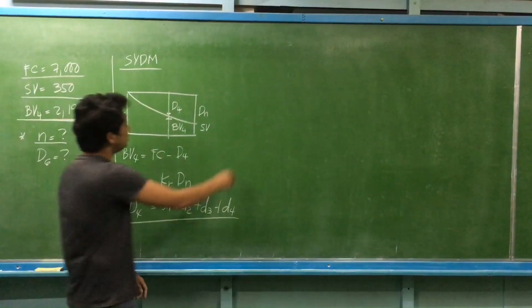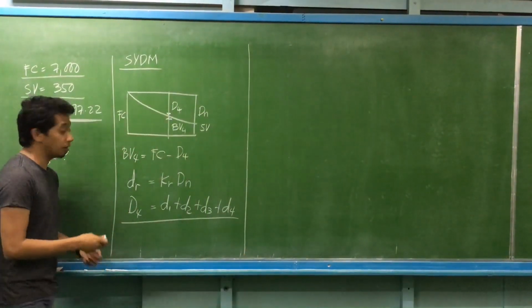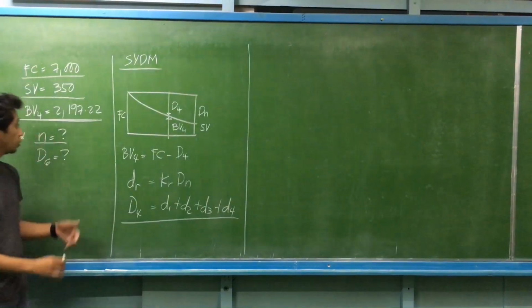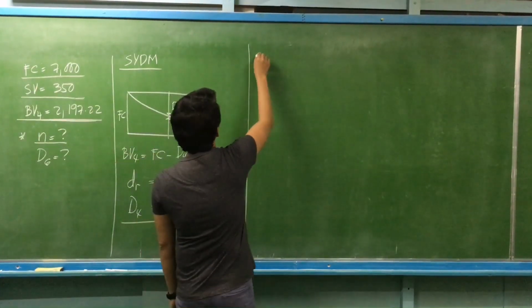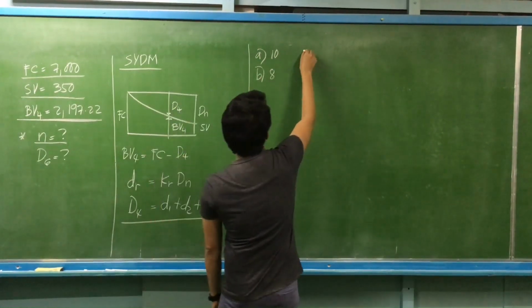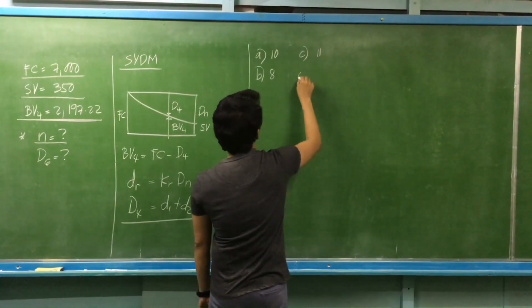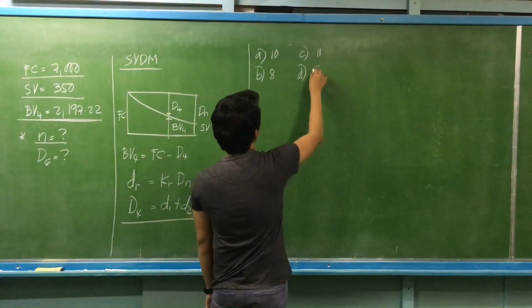So, in other way, hindi rin naman natin magamit directly yung formula, kasi yung unknown natin is n. Pero sa choices we have A is 10, B is 8, C is 11, and D is 9. Okay?